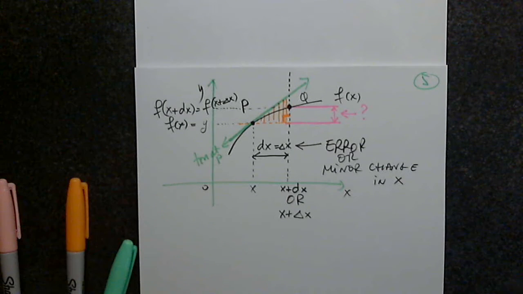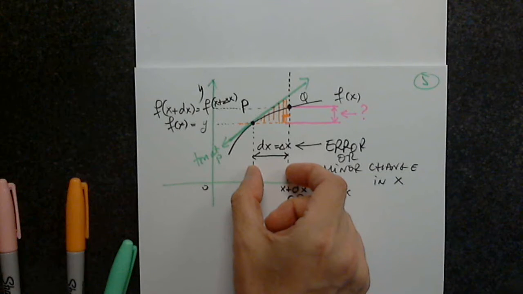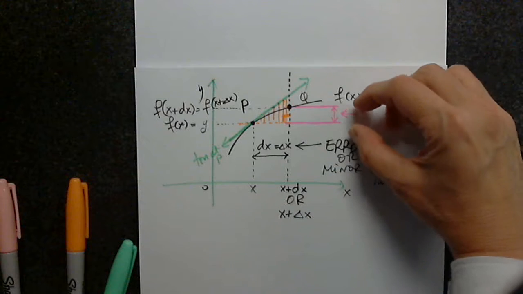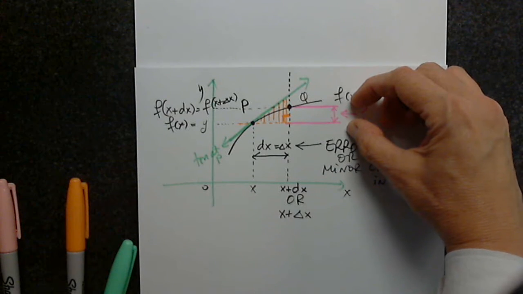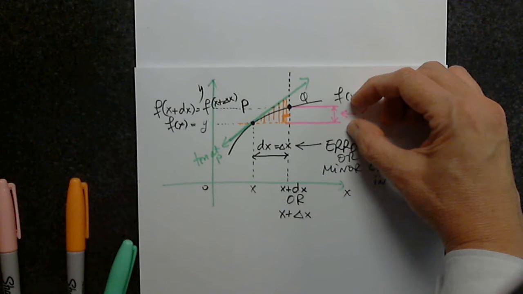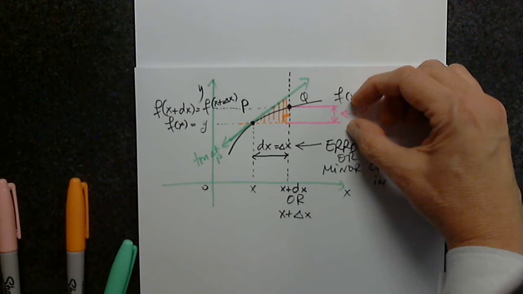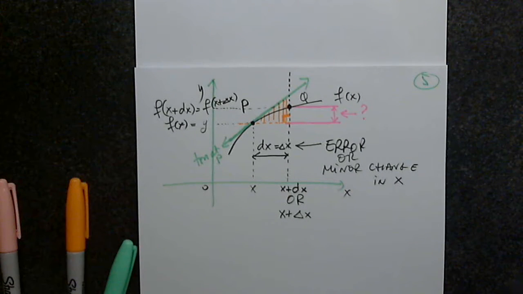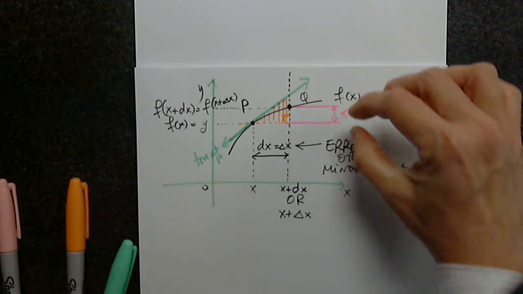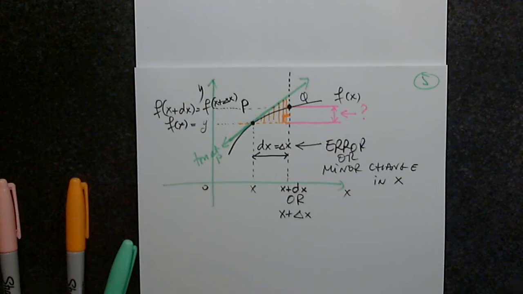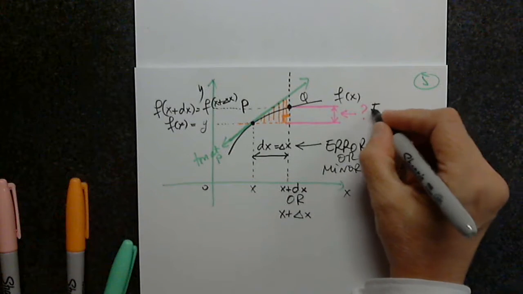We're talking about the y values. We're talking about the function. So for a minor error in the radius of the disc, I created a corresponding what? Change or error in what? In the y, or in the function value, in the area. So then what will this represent? Exact change.